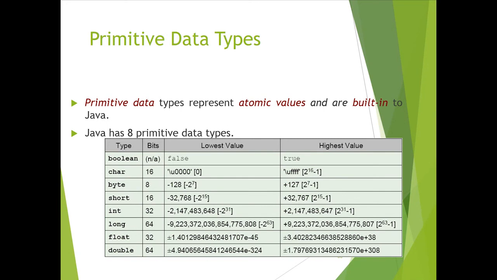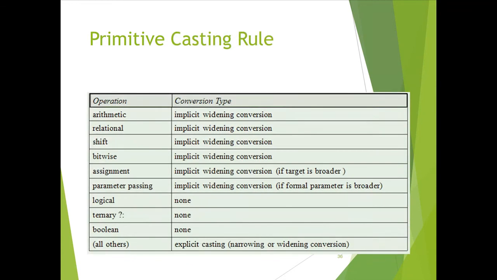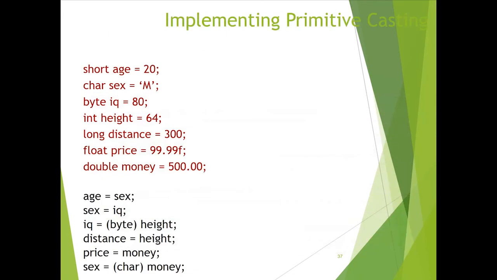Klaro, sir. Okay. So next we have operations. Primitive casting rules. So we have arithmetic, relational, and etc. Ayan. So for example here, we have short age = 20, char sex, etc. So how do we change the value?